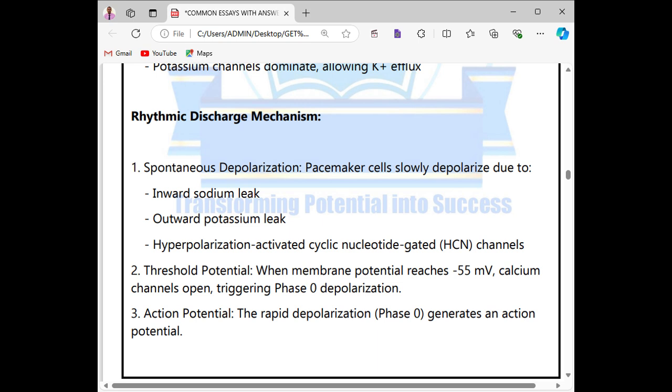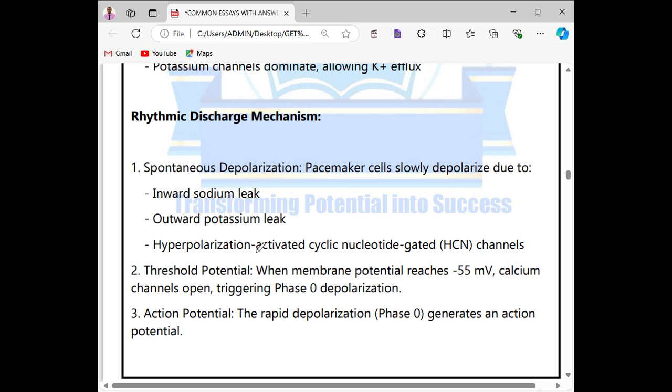So we have spontaneous depolarization. The pacemaker cells will slowly depolarize as a result of, number one, the inward sodium leak, then the outward potassium leak.